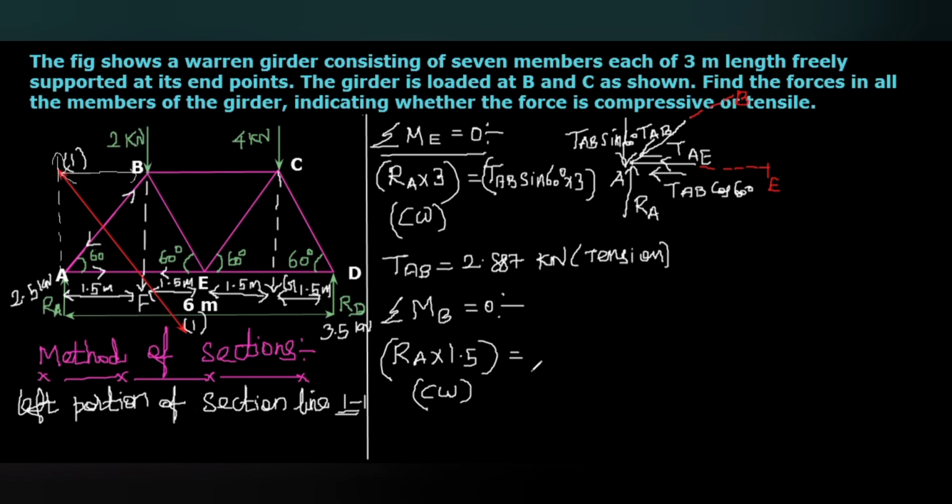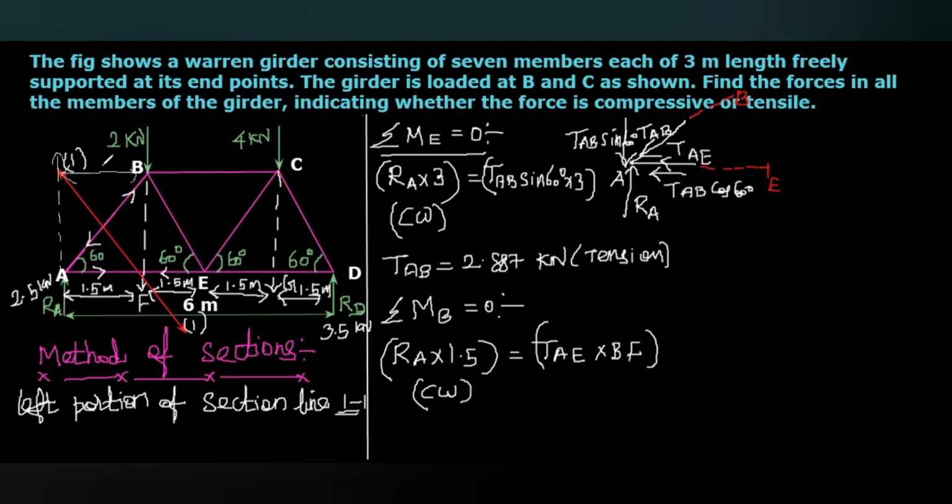So tension in the member AE multiplied with BF. Here the distance BF we have to calculate. That BF can be considered equal to CG also. Here you can see the right angle triangle ABF.